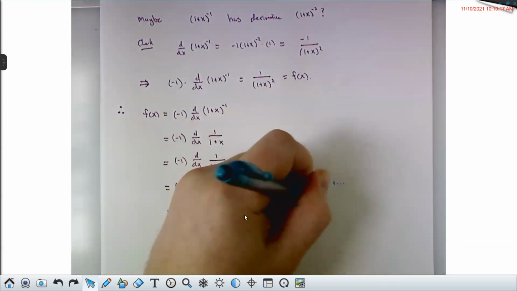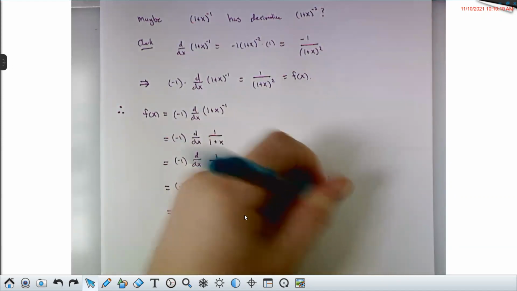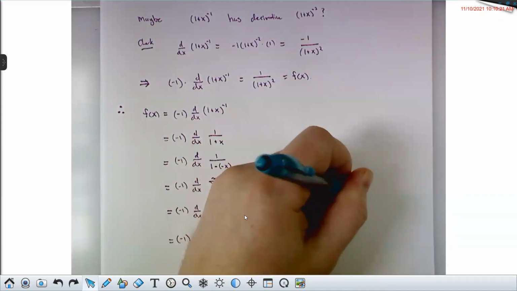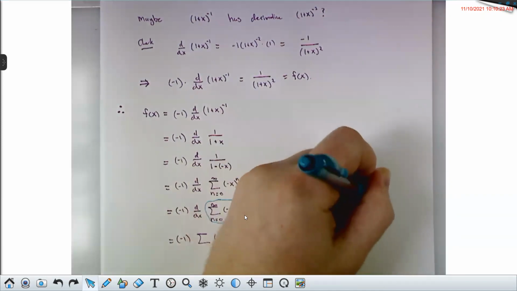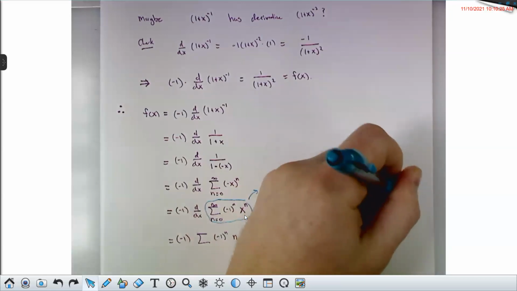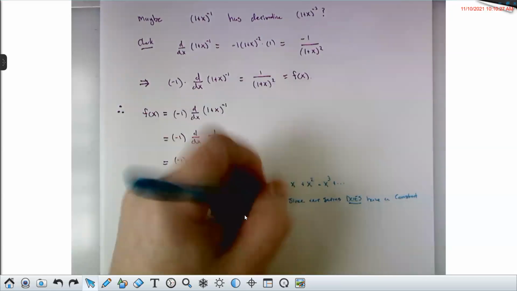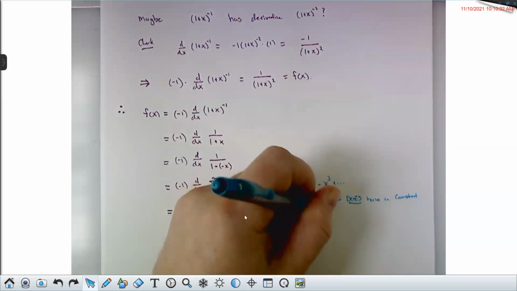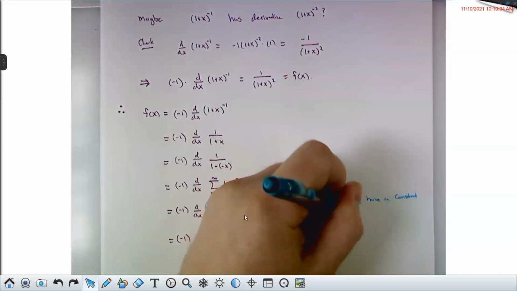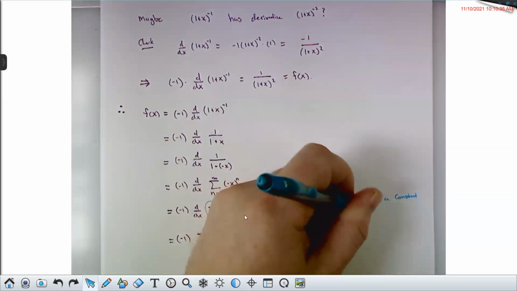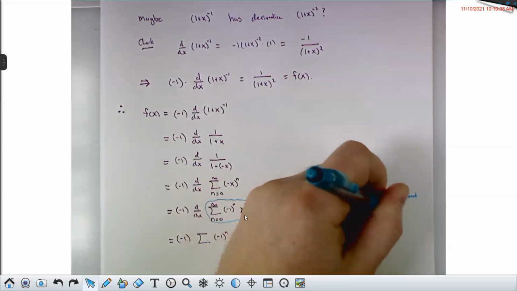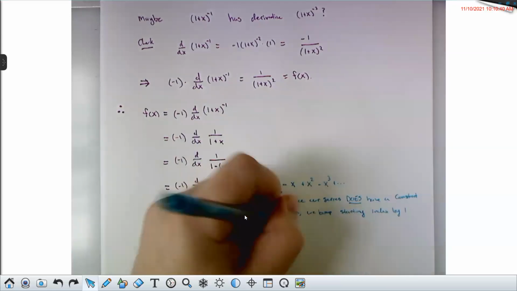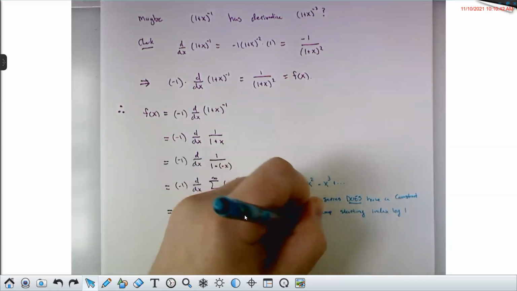Since our series does have a constant term, we bump the starting index by 1 when differentiating.